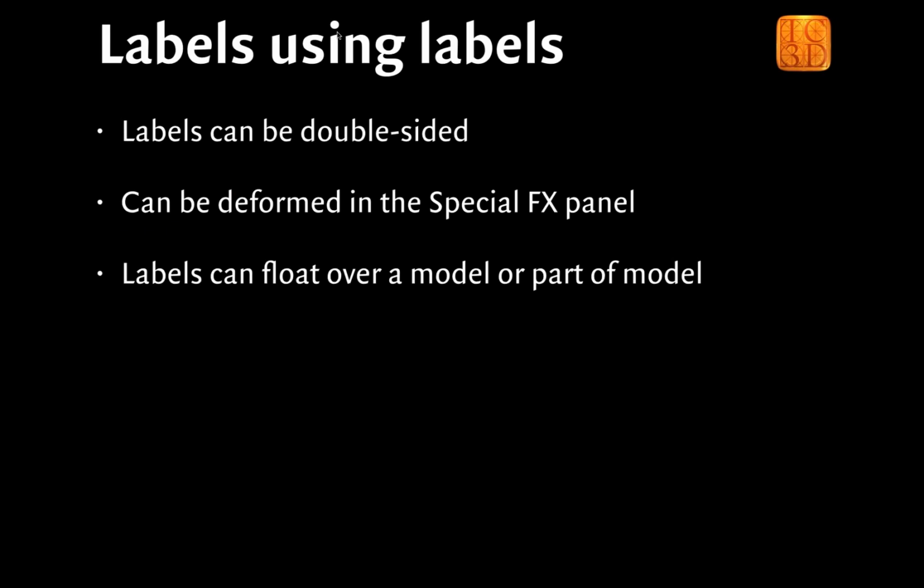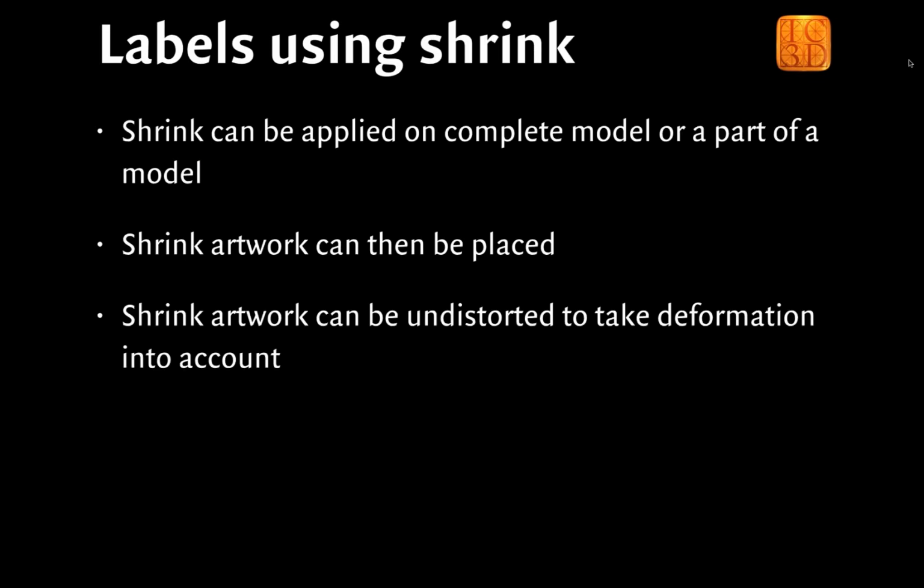And what I wanted to highlight very briefly is that there are two ways to add information. One is using labels. And the advantage of labels is that labels can be double-sided. They can also be deformed in the special effects panel, and they can float over a model or over part of a model.